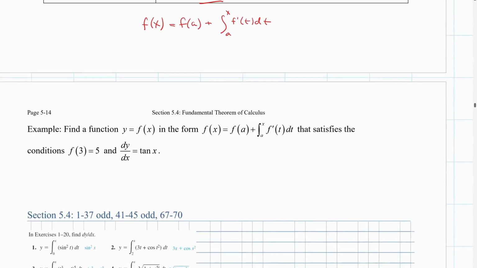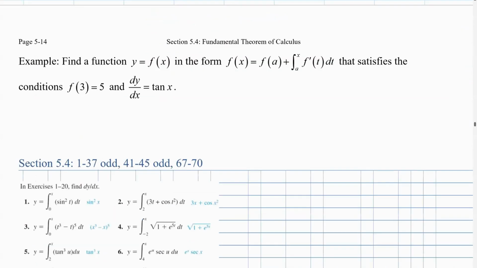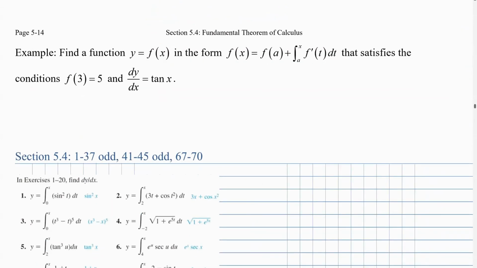It also means that if you tell me those two things, I can find an expression that will represent the equation for that function. So for example, f of 3 is equal to 5. That's a statement of where I started. dy/dx is equal to tangent. Great, that's how I change. So can you tell me for any location where I end up?